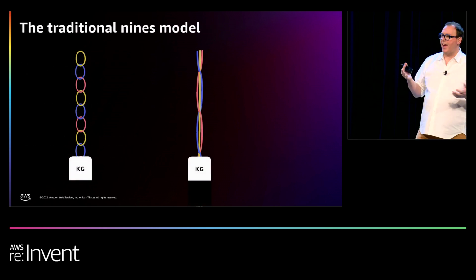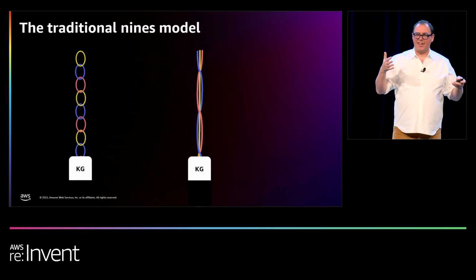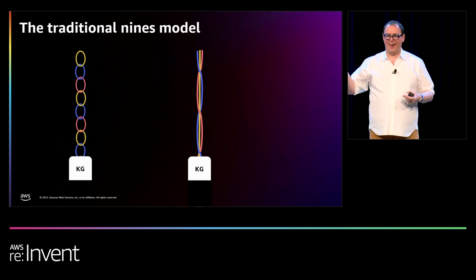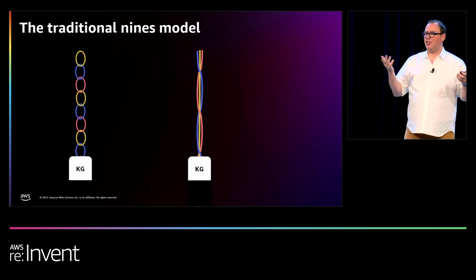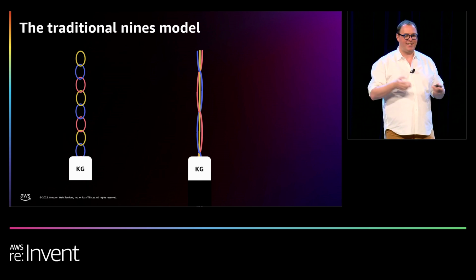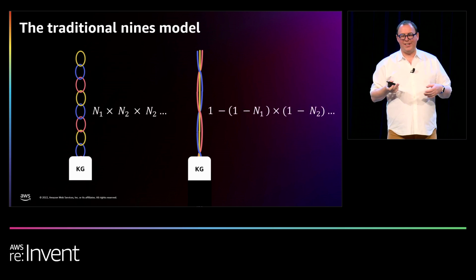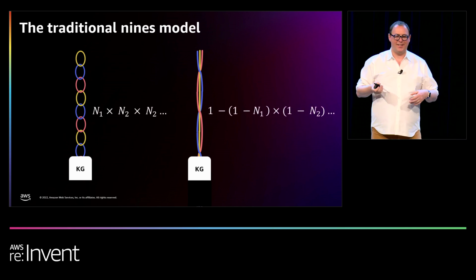A classic example: you want to suspend a weight. Well, you've got a chain or a braid, right? Everyone knows, famously, a chain is only as strong as its weakest link. It's an idiom. And so when you do the nines equations for these, it's a slightly different formula, right?